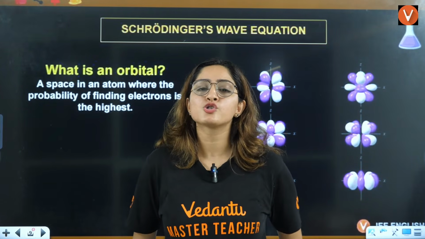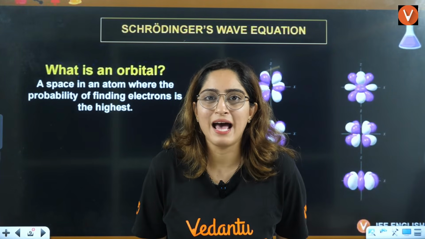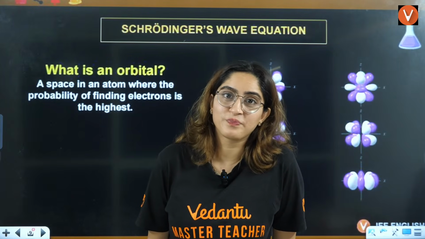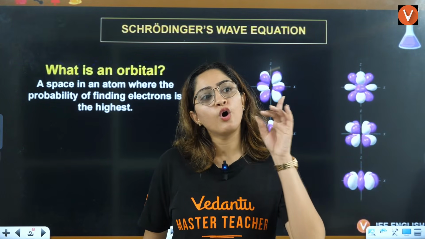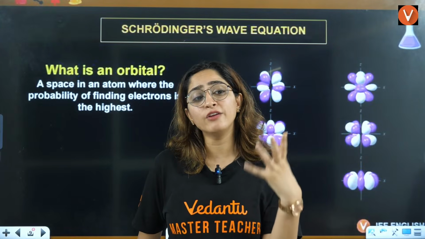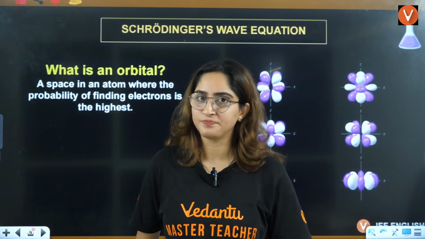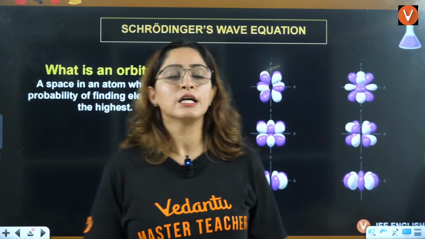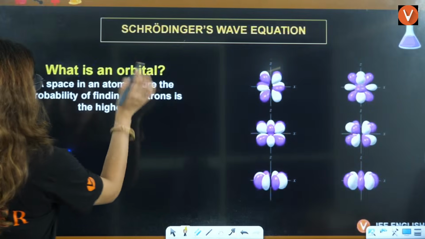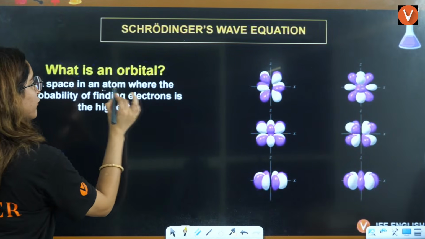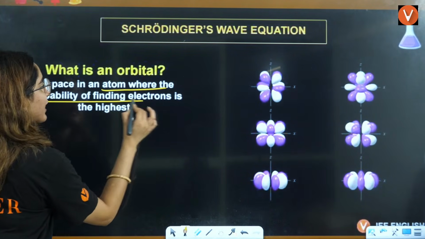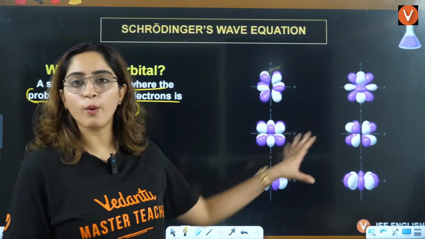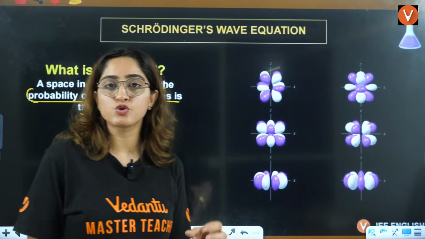Similarly, the electron also has its own room, and your task is to find out in which room the electron is living. That room is called an orbital. So what is an orbital? A space in an atom where the probability of finding the electron is highest. Where the probability of finding the electron is highest, that is called an orbital.